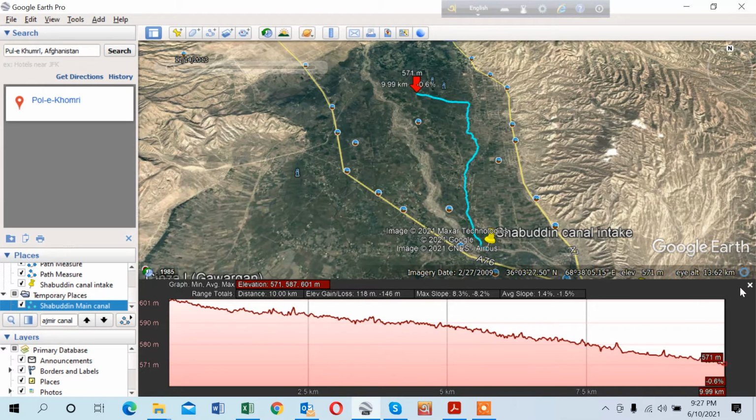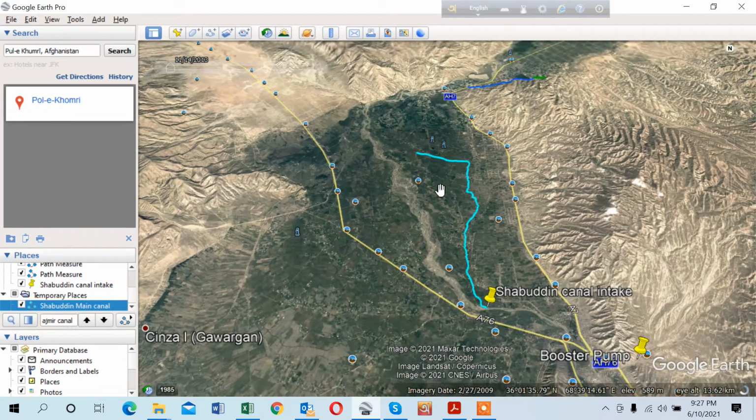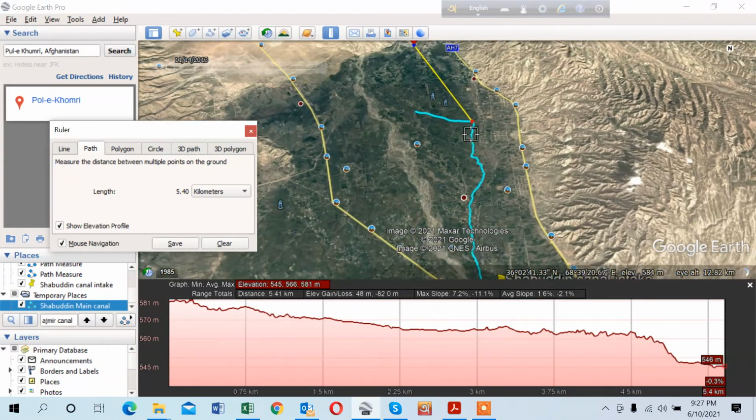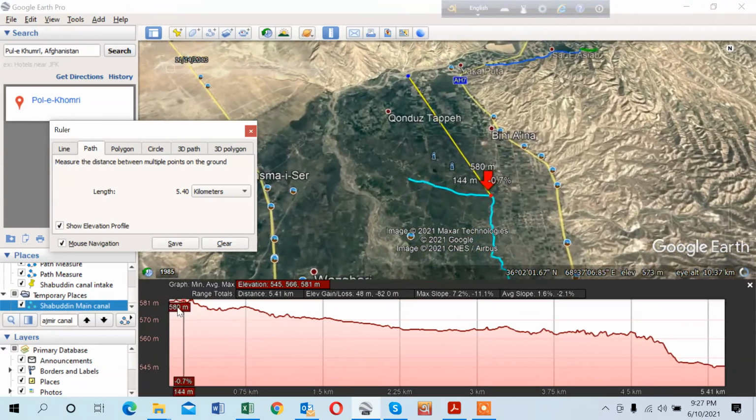Now you see another interesting point. Then the water will automatically flow from up to down. So if you transfer the water at the intake level, it will reach over here. Now I will show you another condition. You can see from here, if I draw a line from here to here, and then if you show this elevation, you can see this is the higher land.